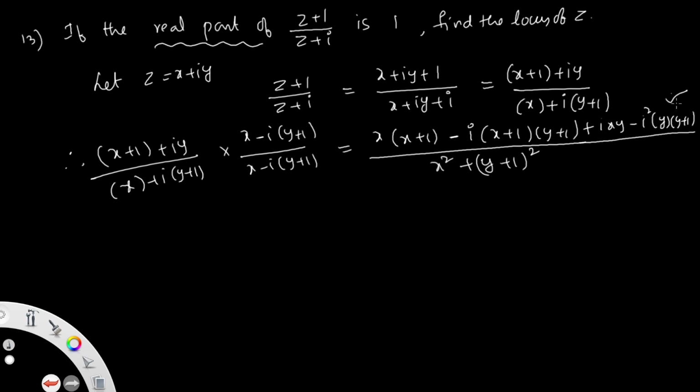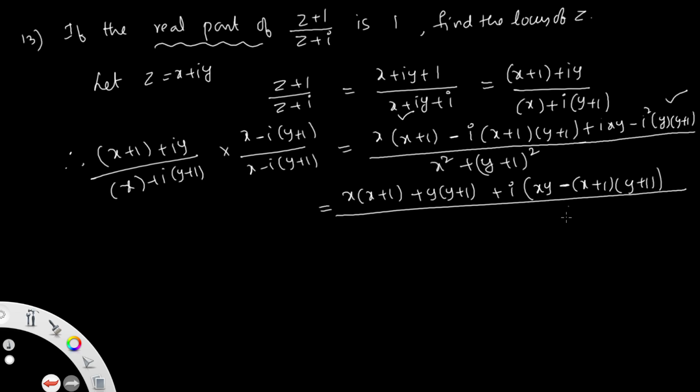So this is the real part: x into (x plus 1) plus y into (y plus 1), and separately the imaginary part xy minus (x plus 1) into (y plus 1), divided by x square plus (y plus 1) whole square.